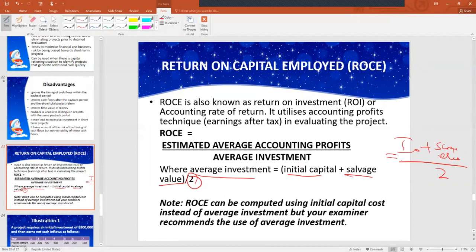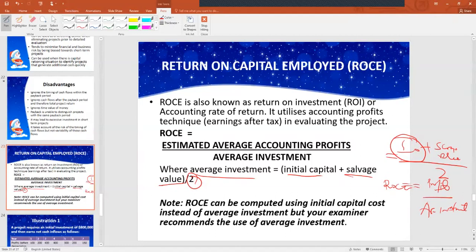Once you have the average investment and the average profit, the return on capital employed is equal to the average profit you obtained from the calculation, divided by the average investment, and we express this as a percent.